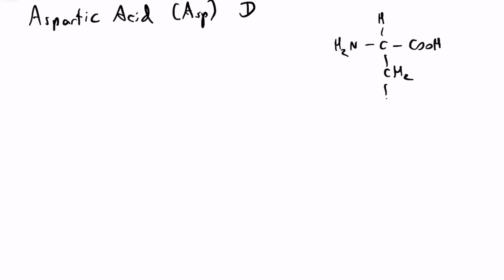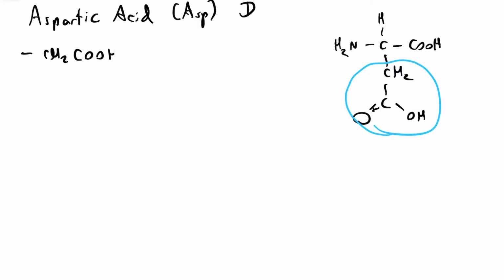So it has this kind of acetic acid looking side chain here. It's got a CH2COOH side chain. And if you want its IUPAC name, you can call this thing 2-amino butane dioic acid.